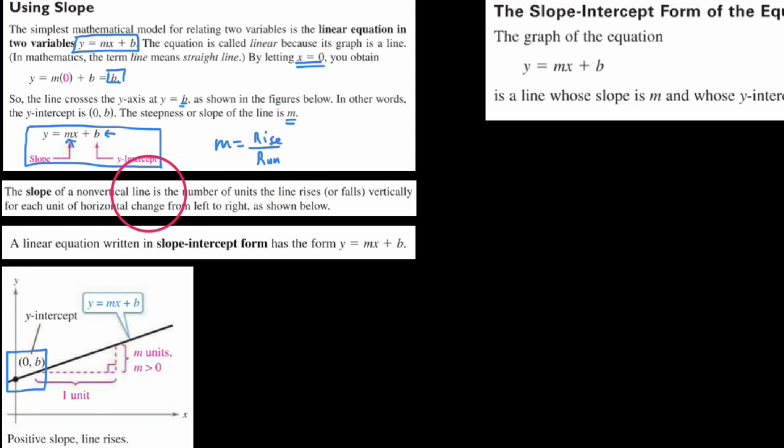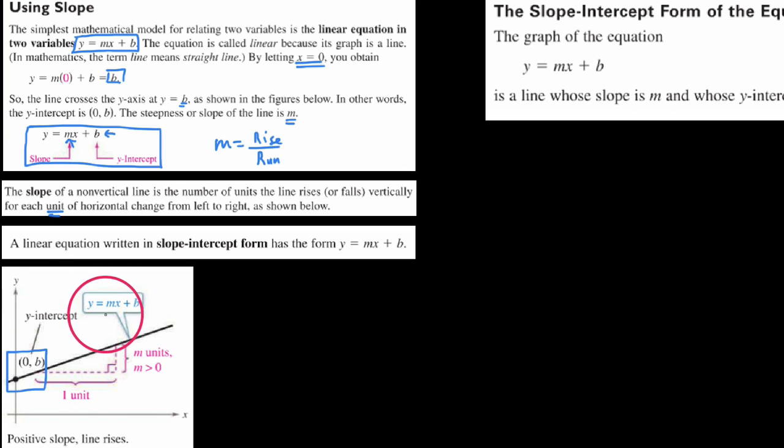But when we simplify this down, we could look at m as being the amount of rise for every 1 unit of horizontal span. The slope of a non-vertical line is the number of units that this line either rises, goes up, or falls, goes down, for each 1 unit of horizontal change from left to right, as we see.